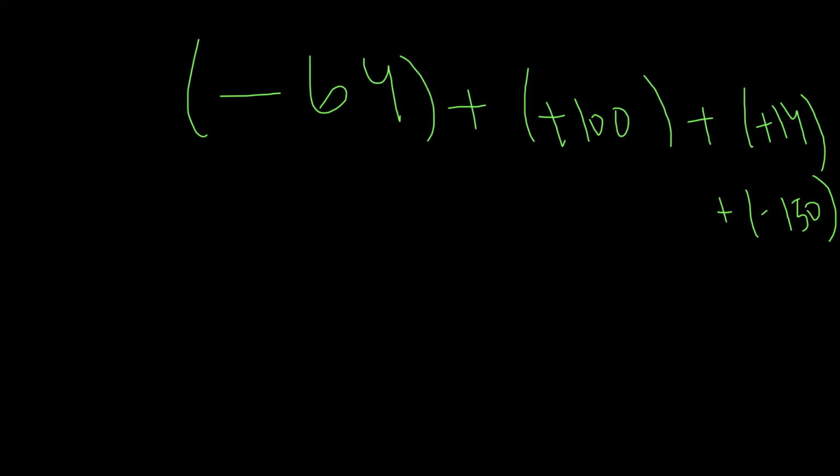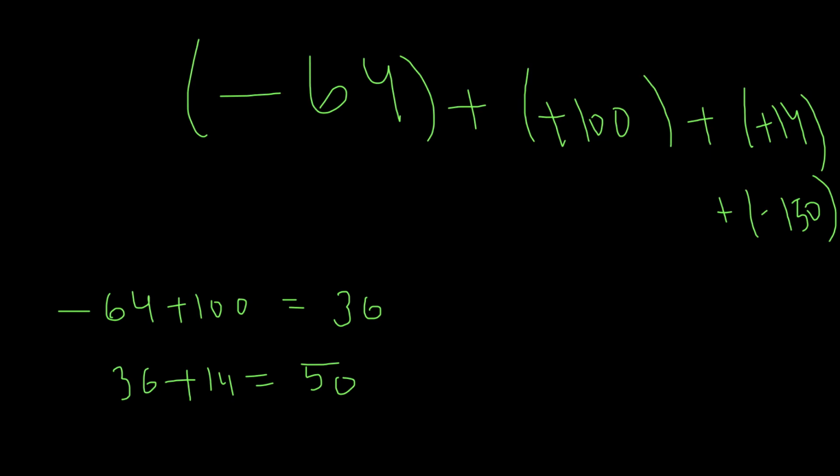So minus 64 plus 100 will be 36. Okay, and now we have here 36 and we are left with plus 14. So 36 plus 14 will be 50.